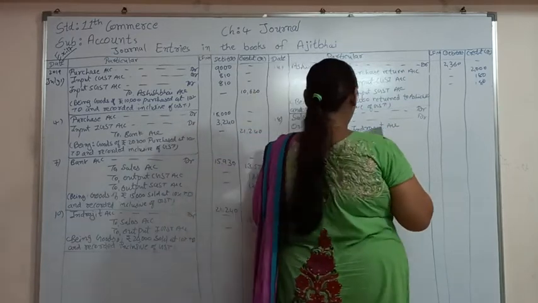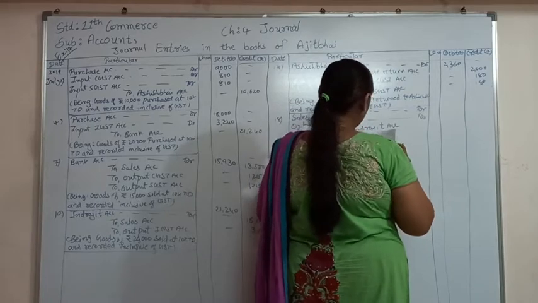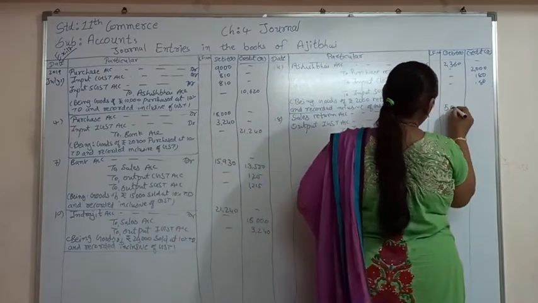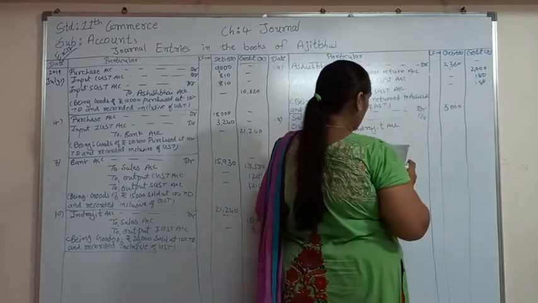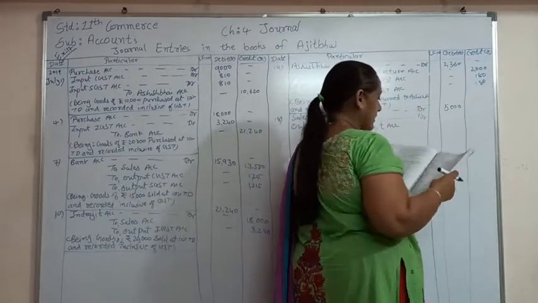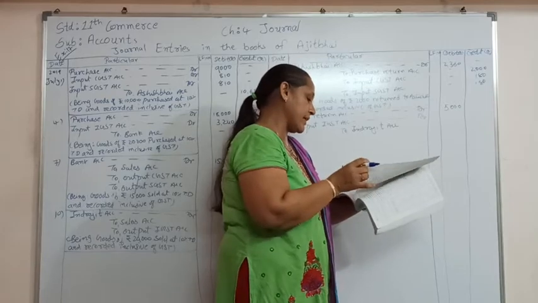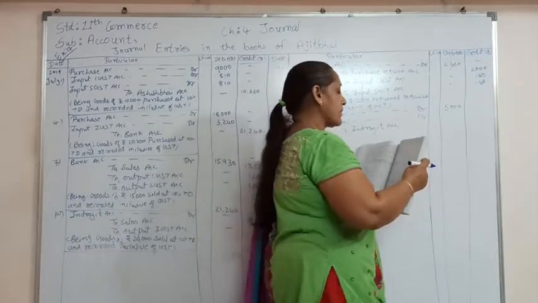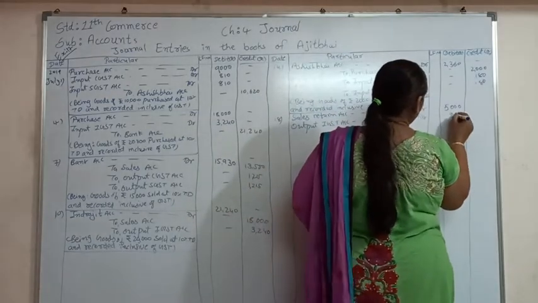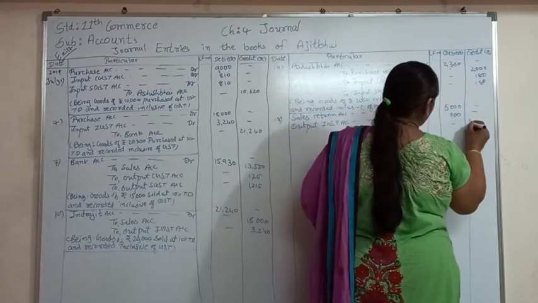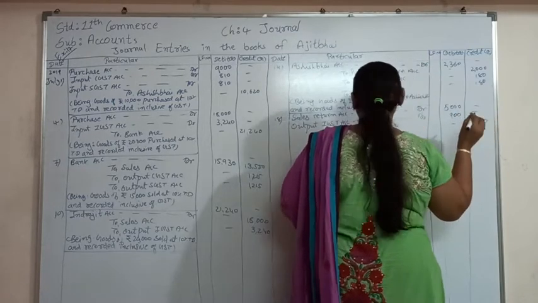He has returned goods of rupees 5,000, and the rate of GST will be 18%. So 18% of 5,000 will be 900, and the total amount will be 5,900.